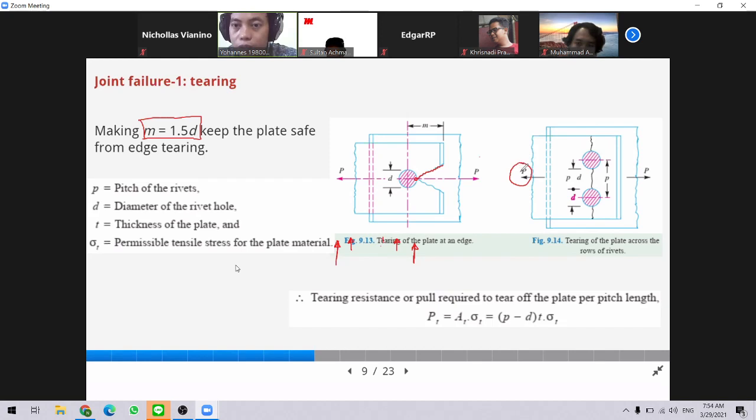This load creates the tensile stress here, and when the tensile stress is larger than the ultimate stress of the plate, then the crack occurs. It will break the plate across this area.